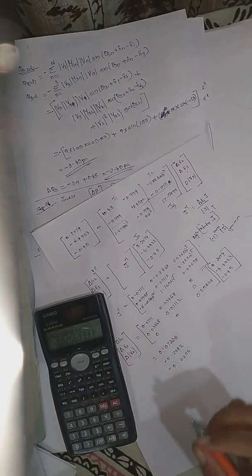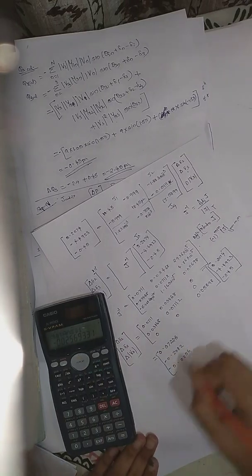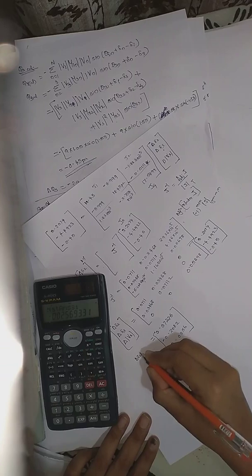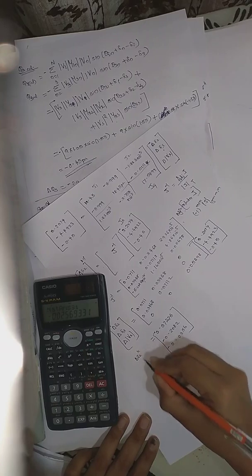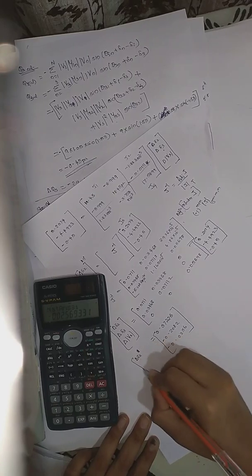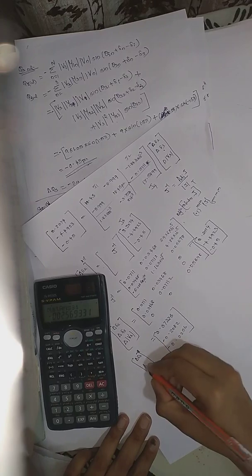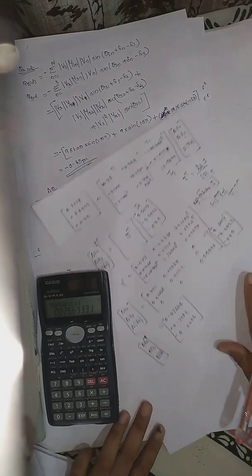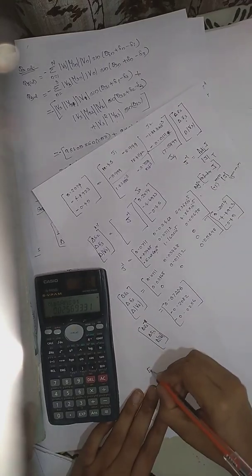So this is the value I have got for my answer. That is my delta 2 of the kth iteration, the first iteration: delta 2, delta 3 and delta V3. I got these values.